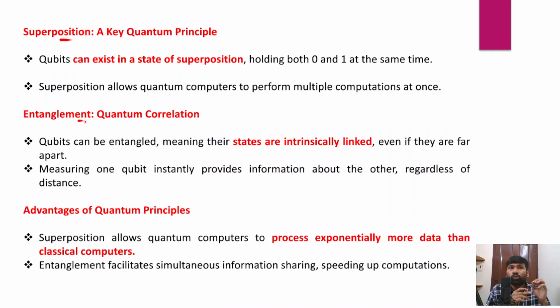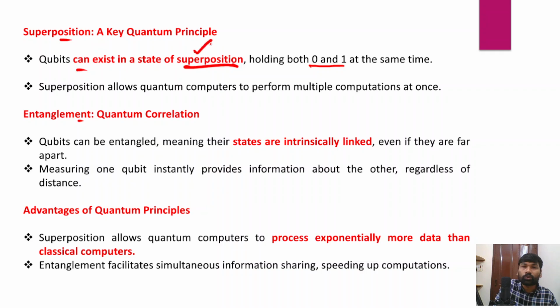So in fact, superposition is a key quantum principle in quantum computing, because qubits can exist in a state of superposition, holding both 0 and 1 at the same time. But it is not the case with classical computers, because they can represent either 0 or 1.